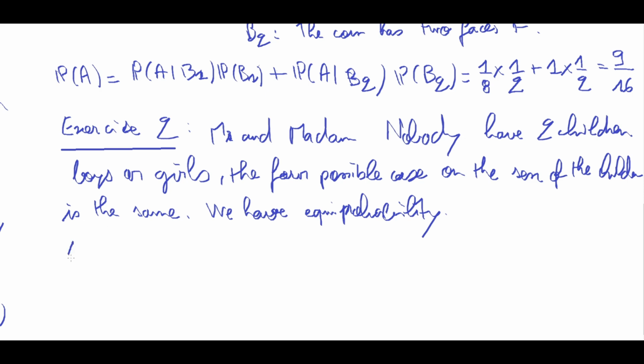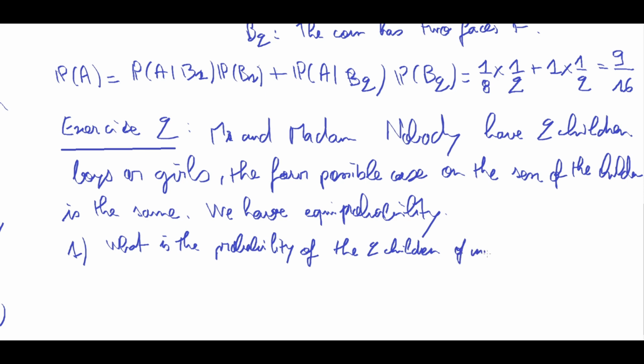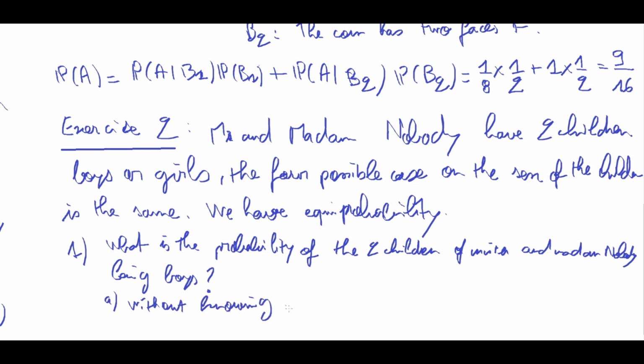So the first question is, what is the probability that the two children of Mr. and Madam Nobody are boys? First situation, without knowing anything more than we already know.